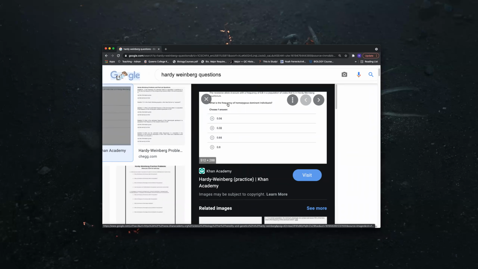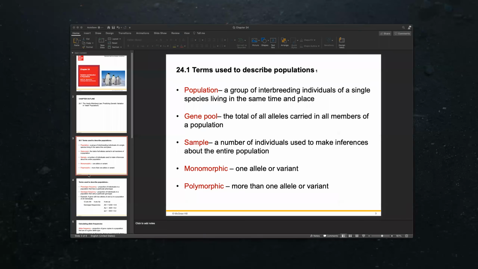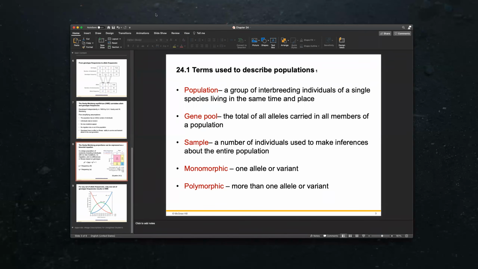So now they're asking for homozygous dominant. So that's what in the equation? The 0.2. Well, P, but if it's homozygous, it'll be P squared.